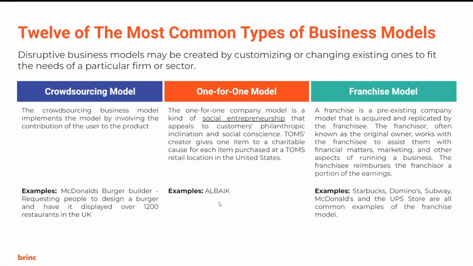Let's go for 7. The crowdsourcing model. What exactly is the crowdsourcing model? The whole concept of that specific model depends on people, on the customer, to add value. For example, McDonald's a while ago introduced something called McDonald's Burger Builder.